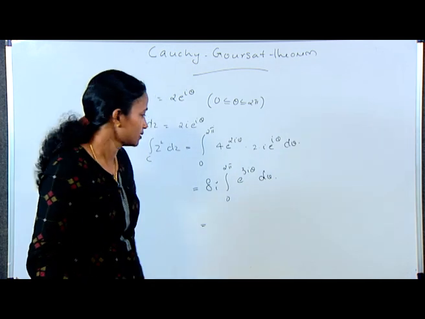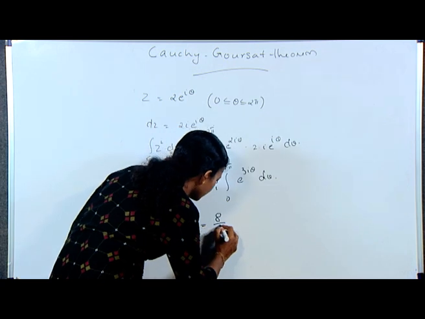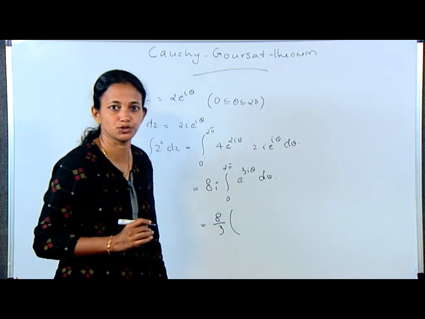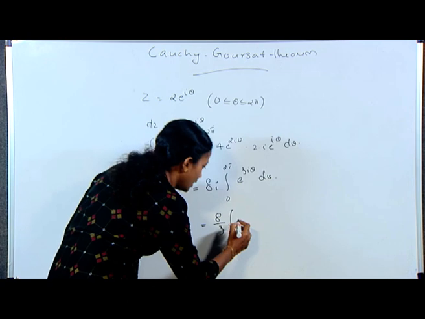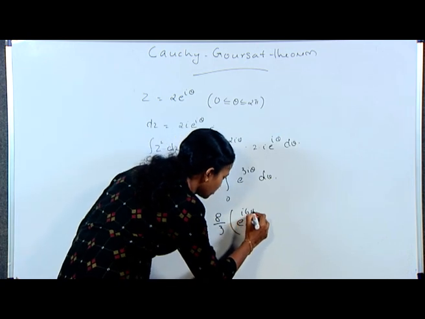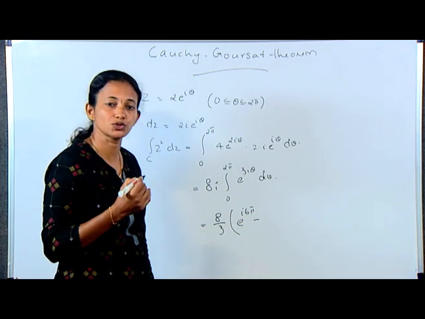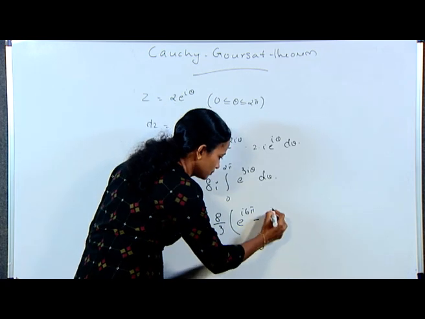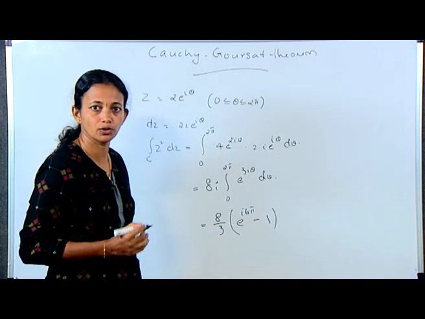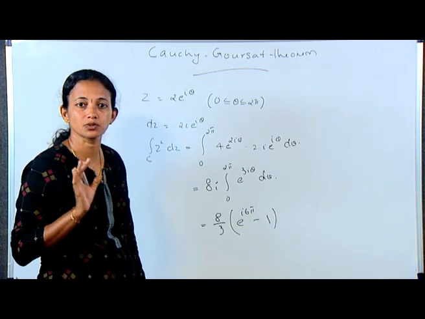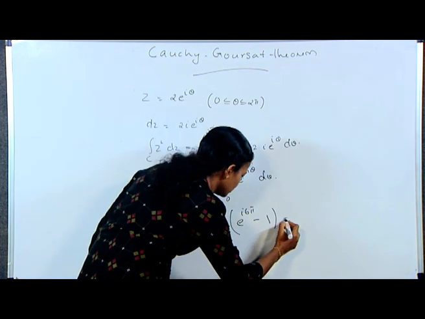So, it becomes 8 by 3 into e raised to i 6 pi minus e raised to 0, that is 1, which is equal to 8 by 3 into 1 minus 1, that is equal to 0.